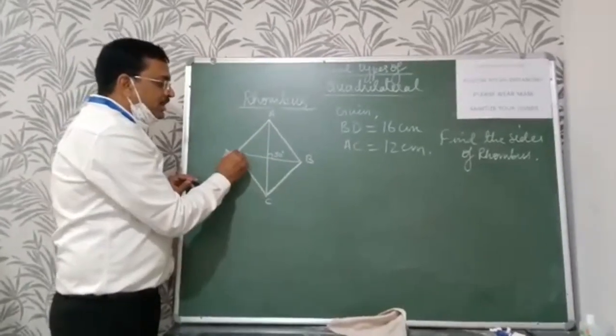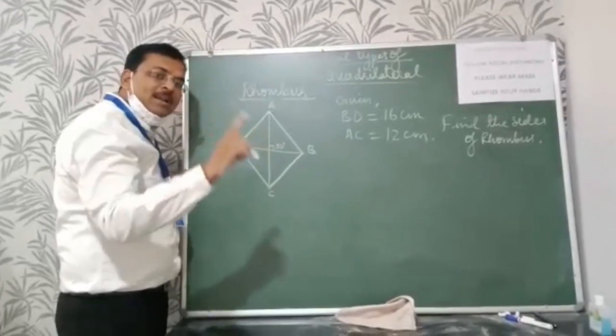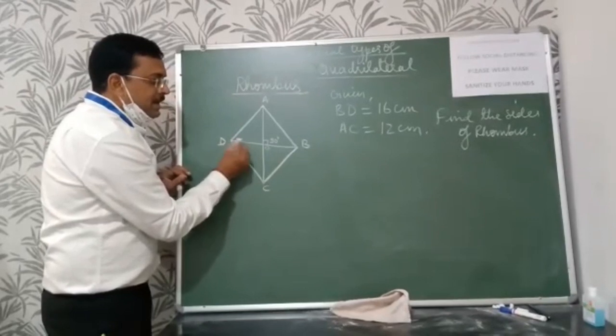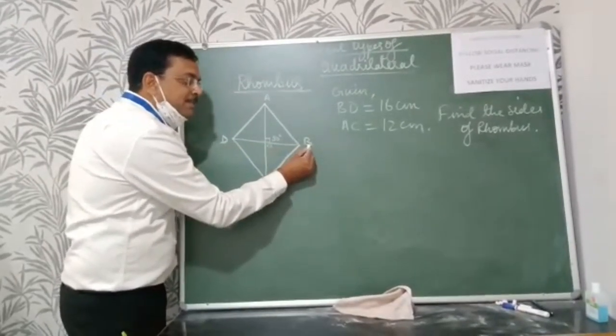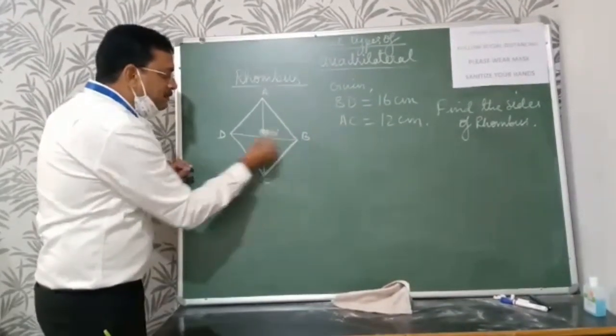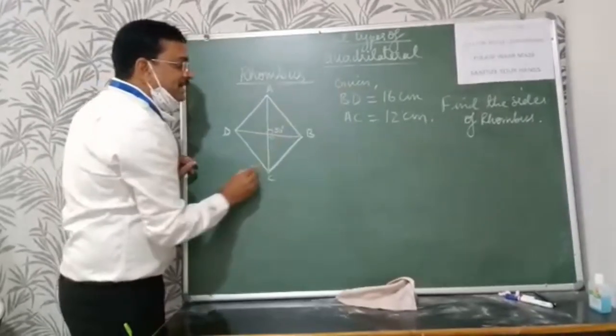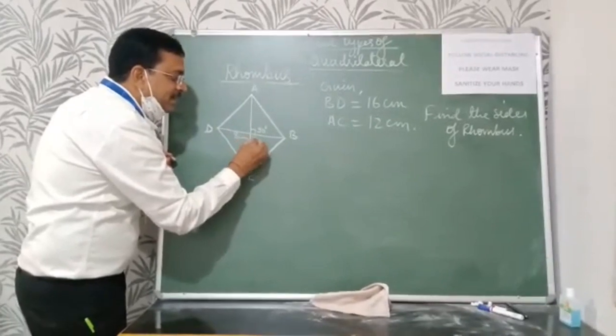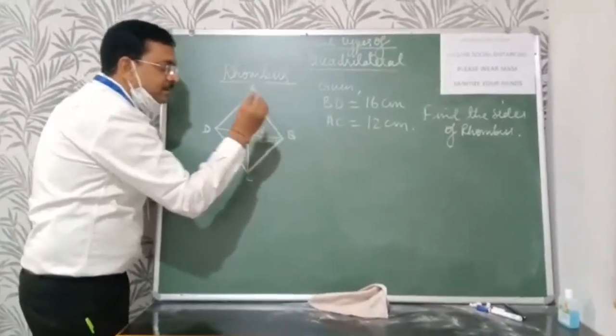Secondly, both diagonals bisect at equal length. It means the distance from O to D and O to B is the same. If BD is 16 centimeter, it means they have two equal parts, 8 centimeter and 8 centimeter.